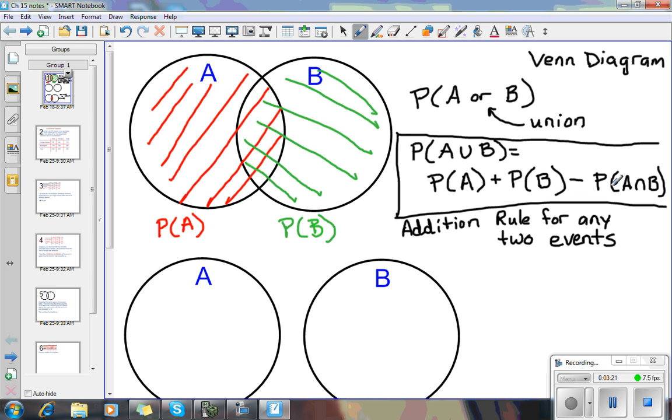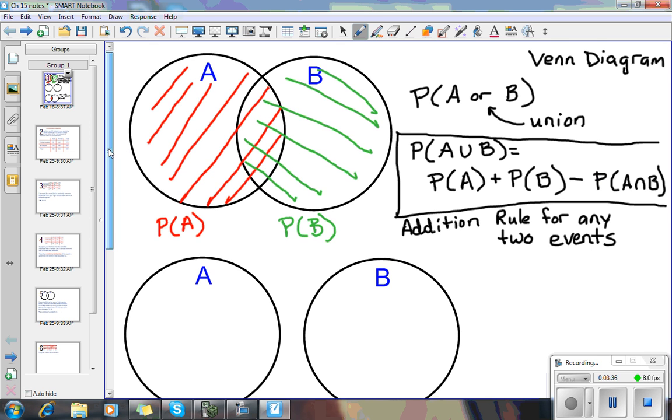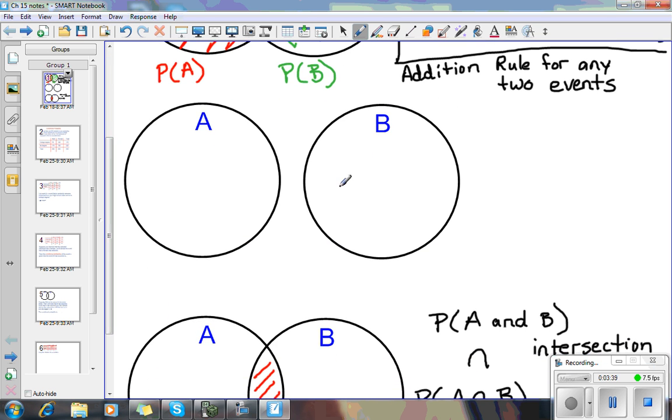Okay, this works for any two events. If you want to know the probability of A union B, or we can think of it as A or B, it's the probability of A plus the probability of B minus the probability of A intersect B.